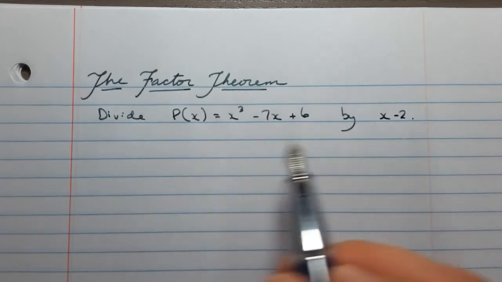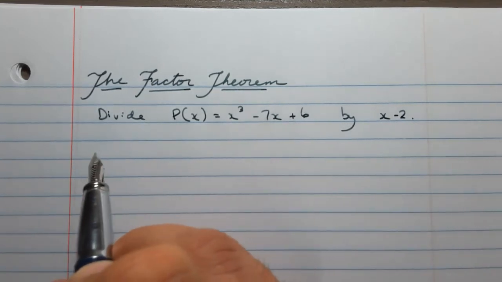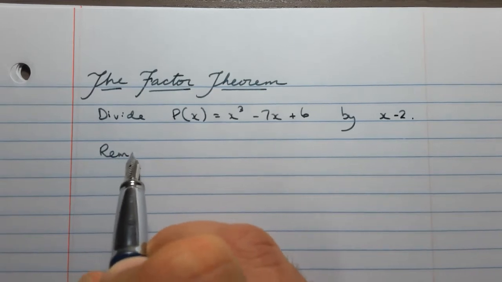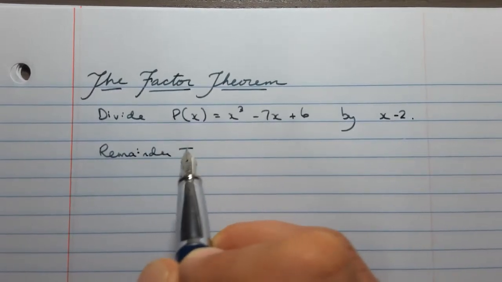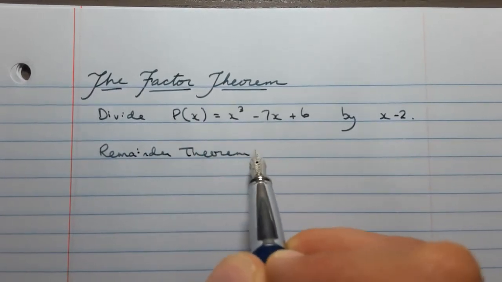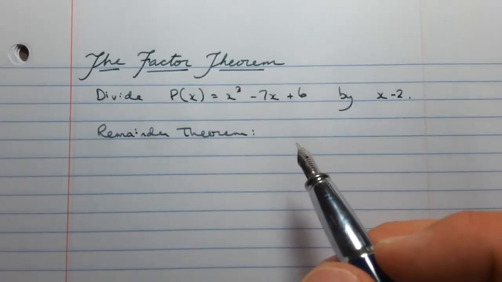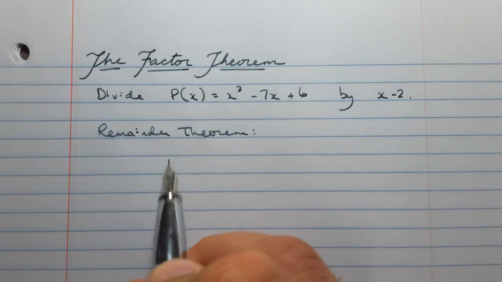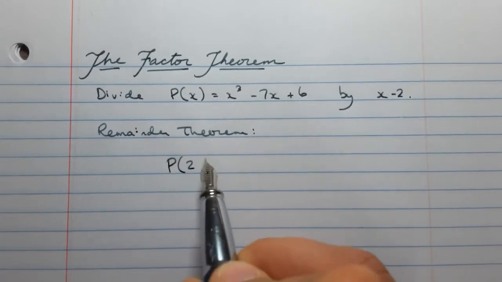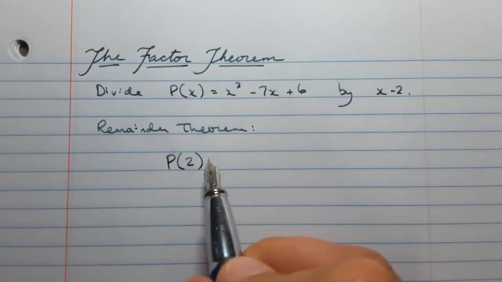So first, let's check out the remainder theorem. It says that the remainder will be the same value that I get when I evaluate p at positive 2.